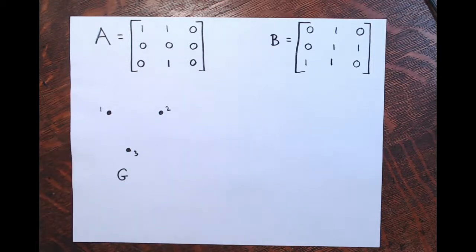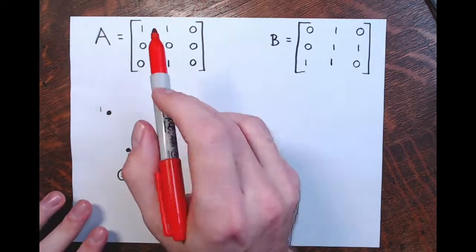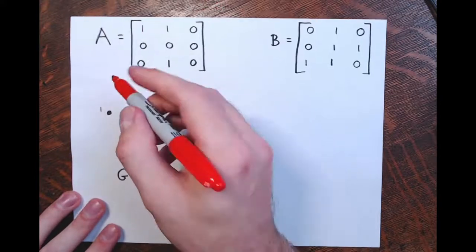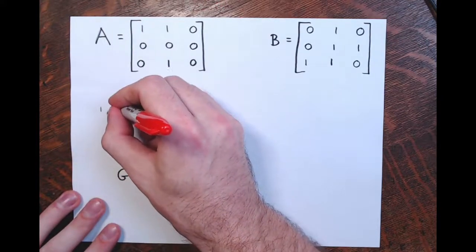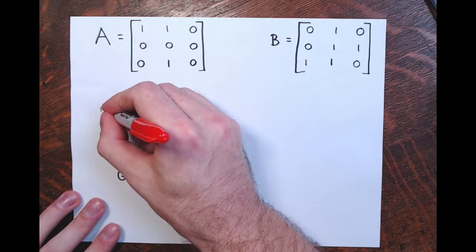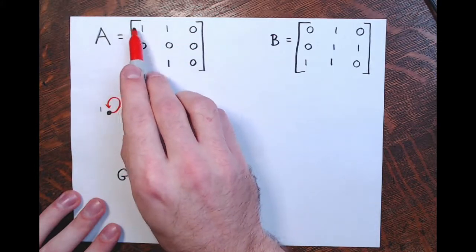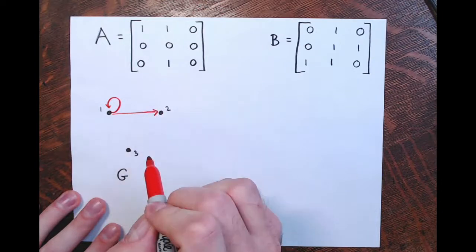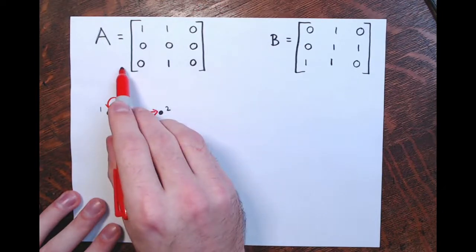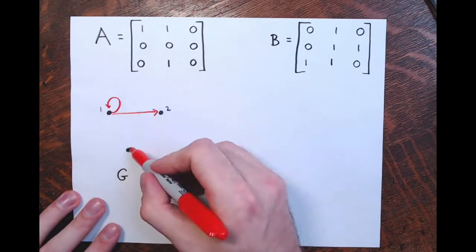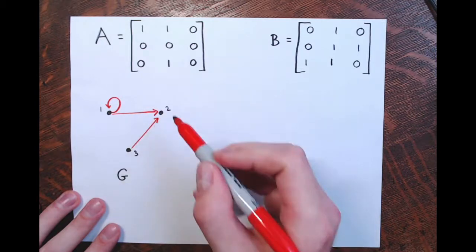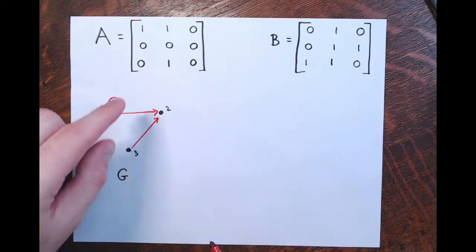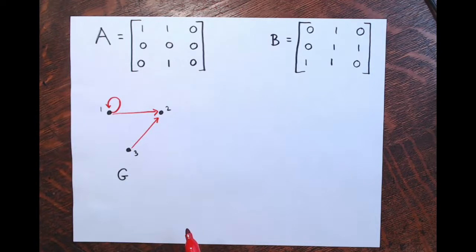I'll draw the edges represented by this matrix. We see a 1 has an edge to 1, so there's a self loop on 1 here. Then first row, second column has a 1, so from 1 to 2 there's an edge. And the only other one is down here from the third row, second column, so 3 to 2. So there's the graph represented by this adjacency matrix.